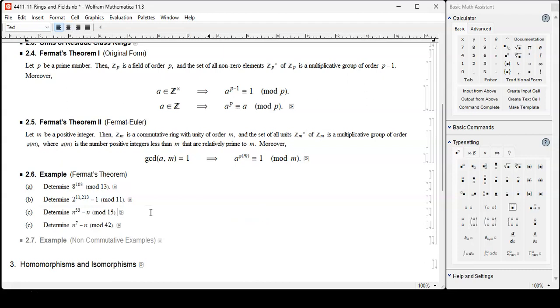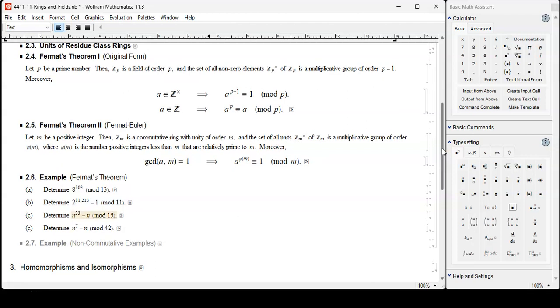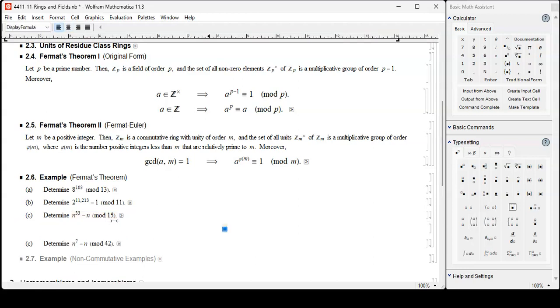Next, this one is going to be Euler-Fermat. Not just Fermat, but Euler-Fermat, because 15 is a composite number. So, what is phi of 15? Starting from 1, you have to count the number of positive integers between 0 and 15 that are relatively prime to 15.